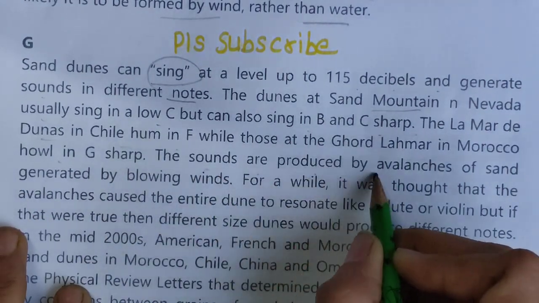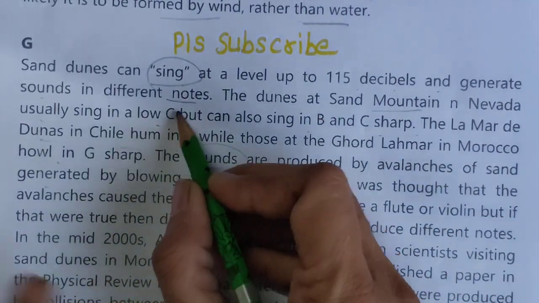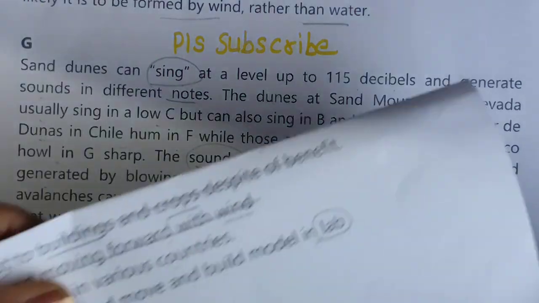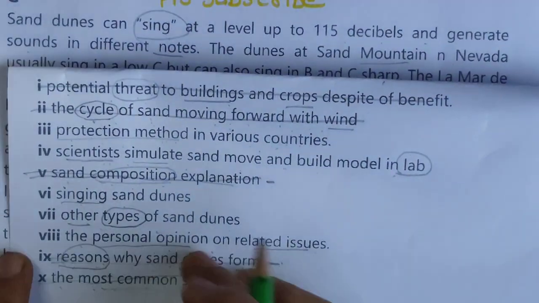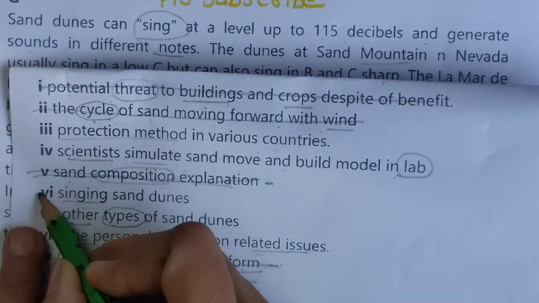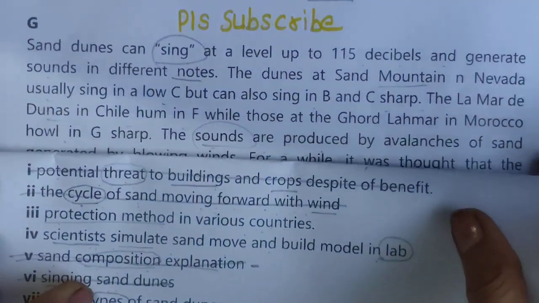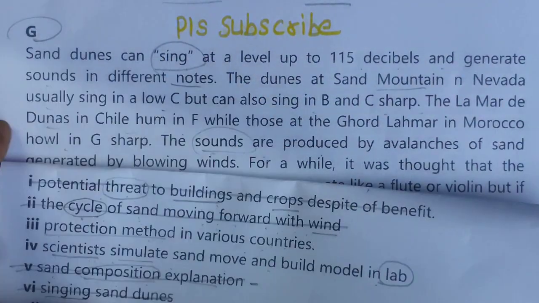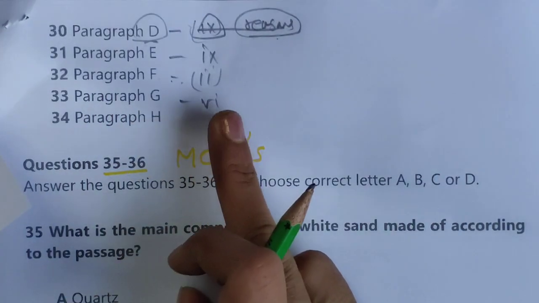The sounds are produced by avalanches of sand. Everywhere they are talking about sound, singing and all. So here one option was there: singing sand dunes. We can select this option for G paragraph. For this G paragraph we have selected the 6th number.